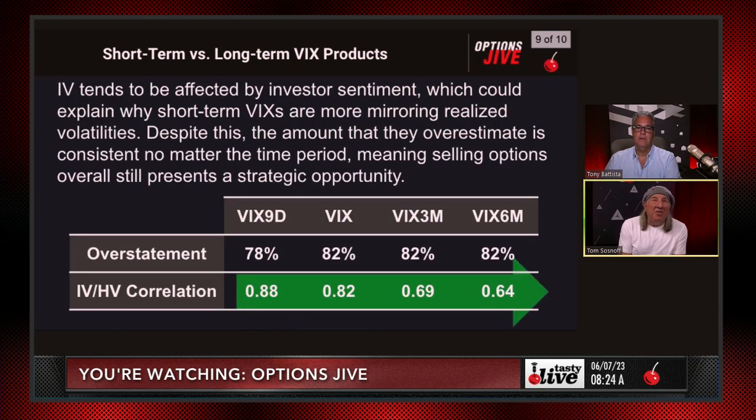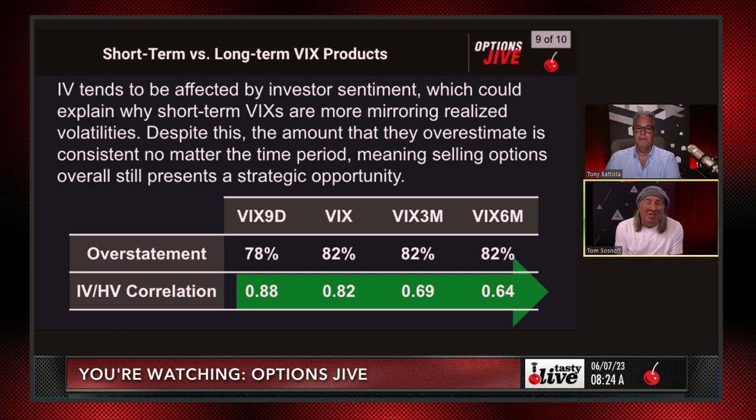So implied volatility tends to be affected by investor sentiment, which could explain why short-term VIX is more mirroring realized volatilities. Despite this, the amount that they overestimate is consistent no matter what the time period, meaning selling options overall still presents a strategic opportunity.